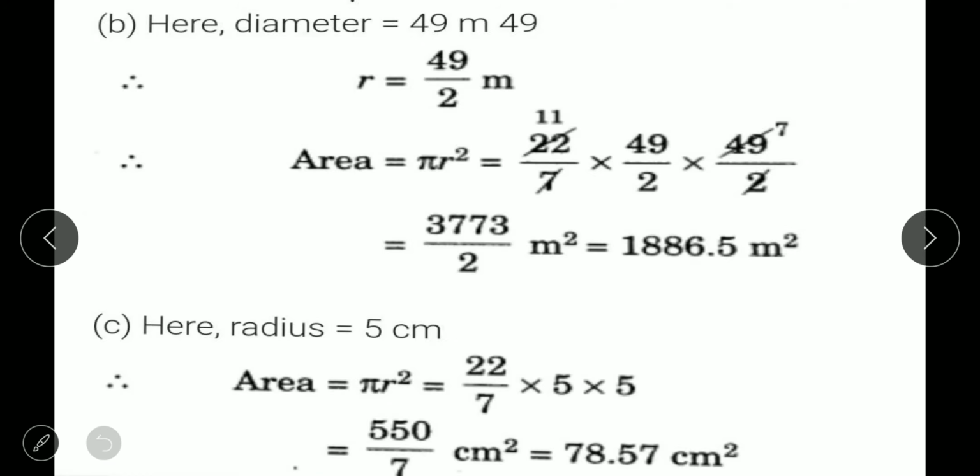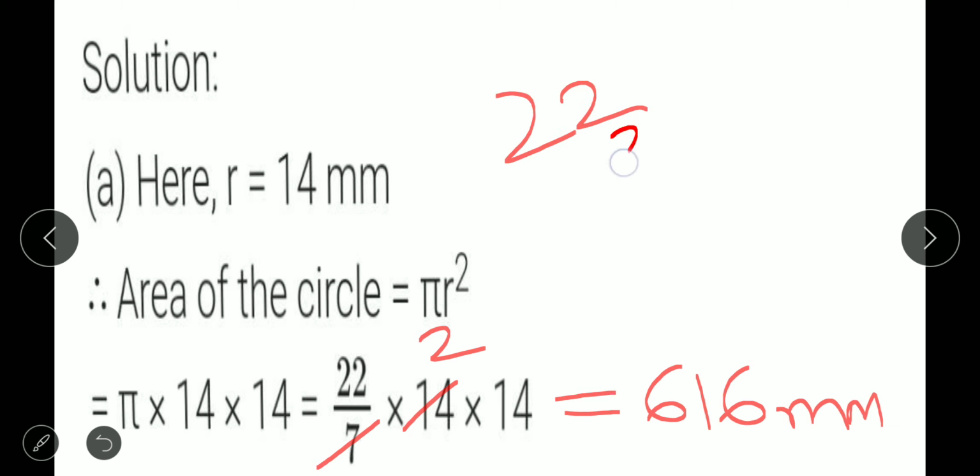Calculate and then tell me what will be the answer. The answer will be 616 millimeter square. 22 into 2 is 44, and 44 into 14 will be 616.